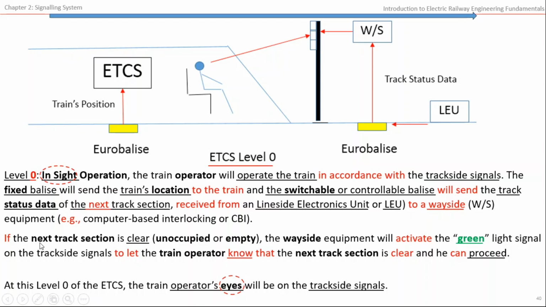So, like I said, for level 0, the train operator must look at the trackside signals, and if he sees green, he can move forward. At this level 0, the train operator's eyes will be on the trackside signal.